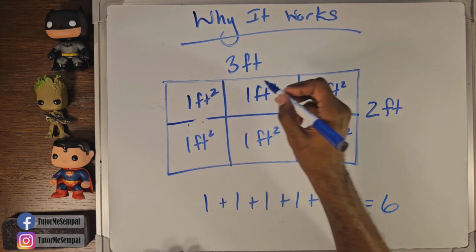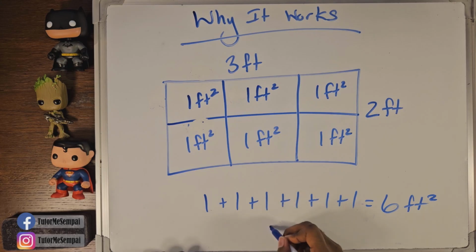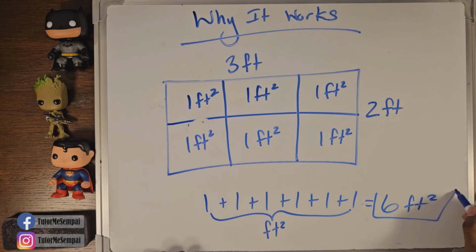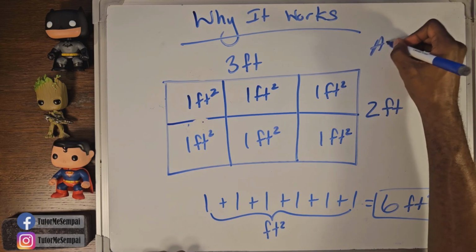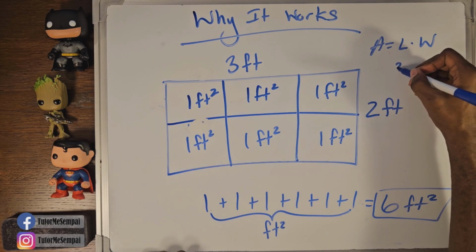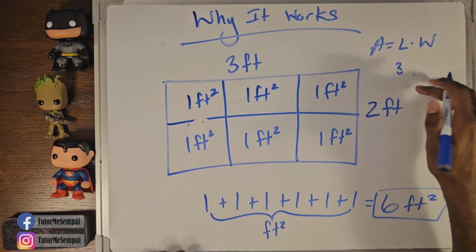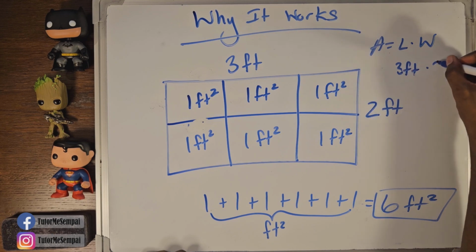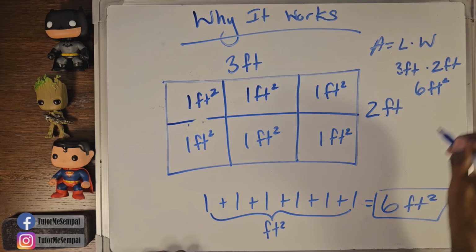And of course, we're going to keep the same unit because we're adding this time. All of them have a feet squared. So this is going to be 6 feet squared, which would give you the same thing if you had this area, length times width. That's going to be our 3 times 2. Let's put our units in there to be good. 3 times 2, which is going to give you our 6 feet squared.